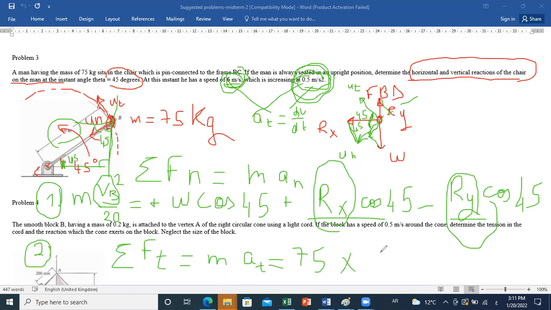Now please pay attention. Because they said increasing, so it's an acceleration, AT is positive. If they said it's decreasing at 0.5 meter per second square, then you replace AT by minus 0.5. Okay? Now, I should project my forces along UT.